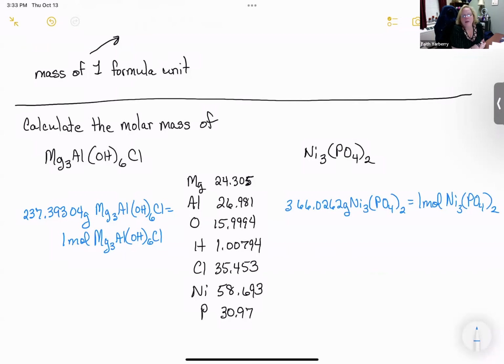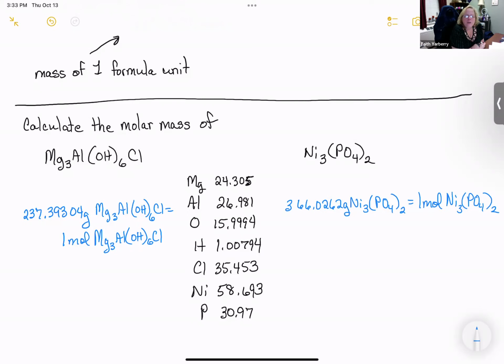So on the screen, I have the answers to those. For the first one, I added the mass of 3 magnesiums, 1 aluminum, 6 oxygens, 6 hydrogens, and 1 chlorine together to get a mass for this magnesium 3 aluminum layered double hydroxide, which is 237.39304 grams per 1 mole.